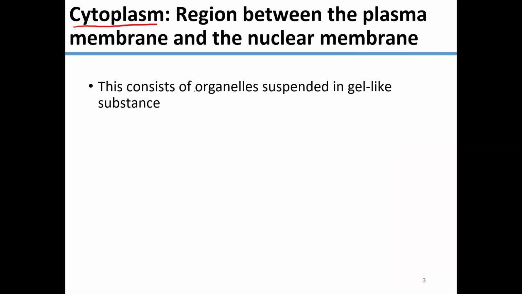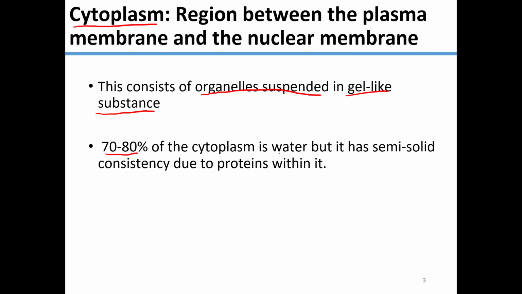So our cytoplasm is going to suspend all of our organelles in a jelly-like substance, which is about 70 to 80% water, but it is semi-solid as well due to its consistency because of proteins contained within it. Again, the cytoplasm's main job is to suspend everything and keep everything where it needs to be.